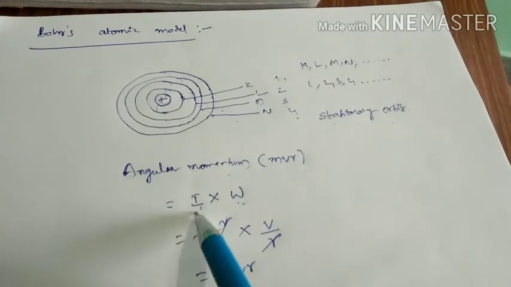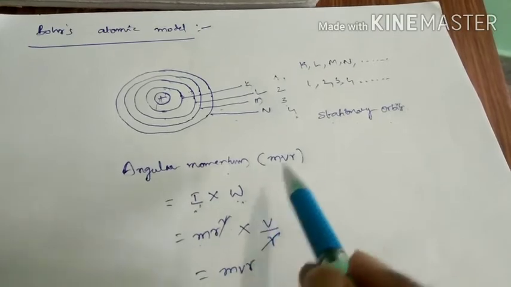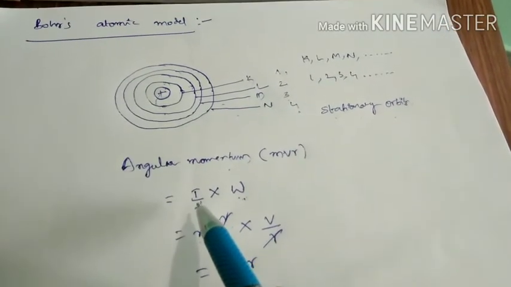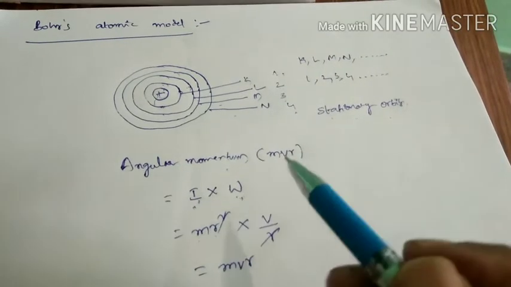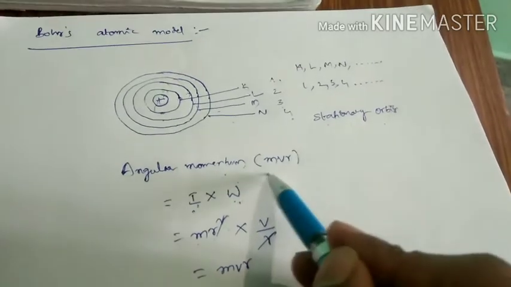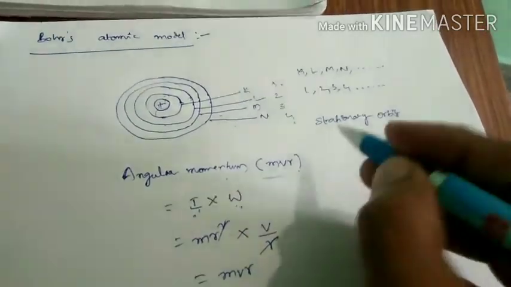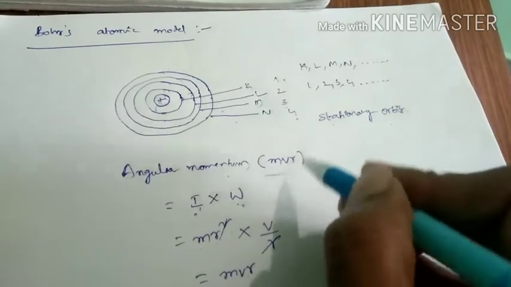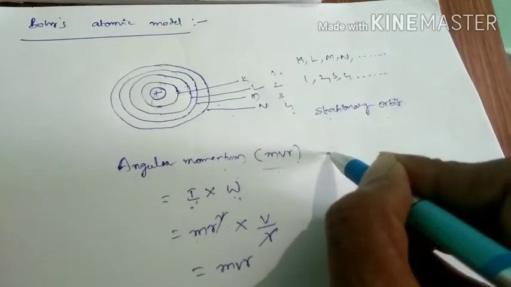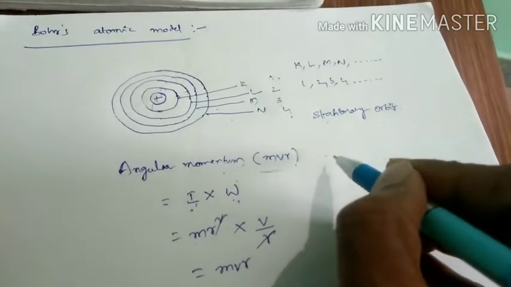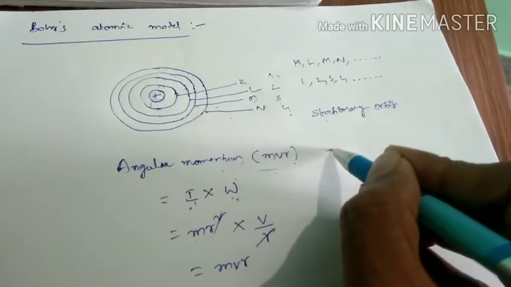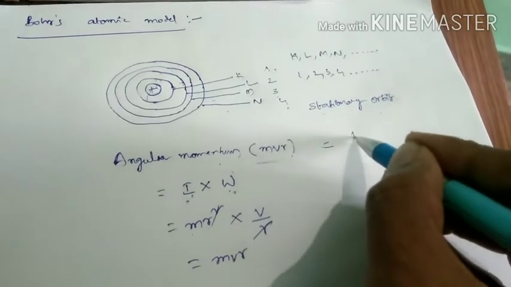Actually, the formulas for moment of inertia and angular velocity come in physics, so here you need not remember them. You just remember this one: angular momentum is nothing but mvr. So the last point is that the angular momentum of an electron is an integral multiple of h by 2 pi.